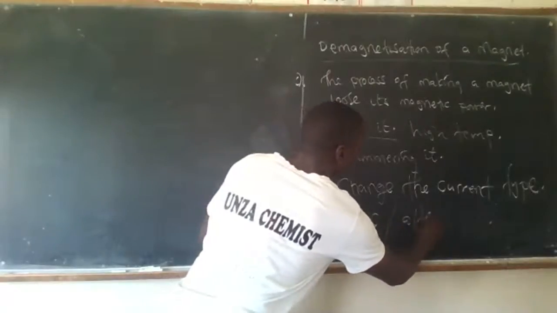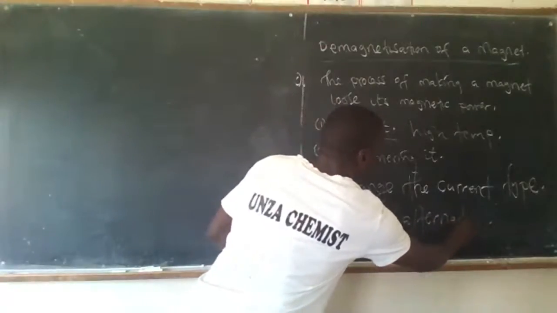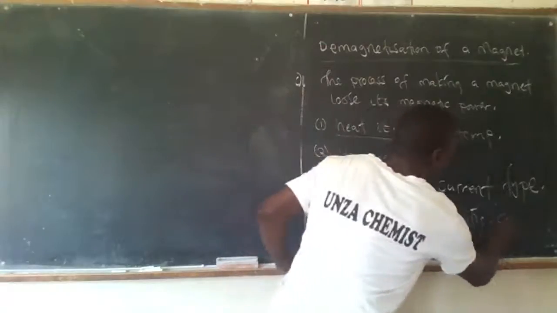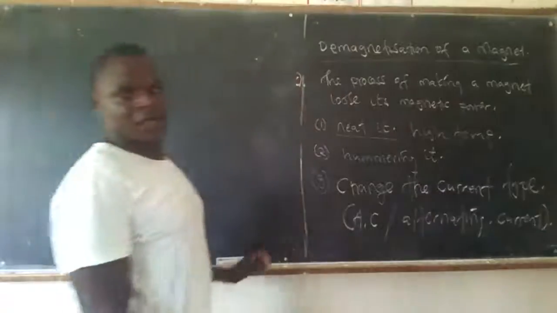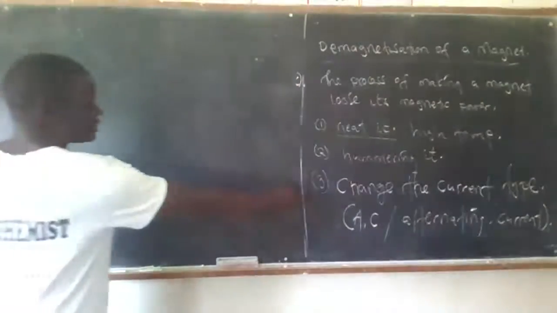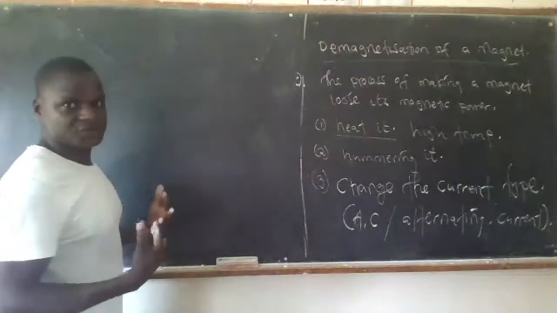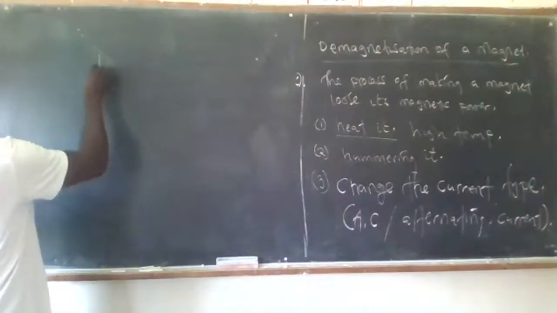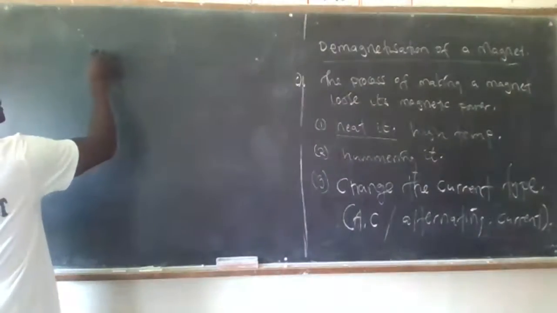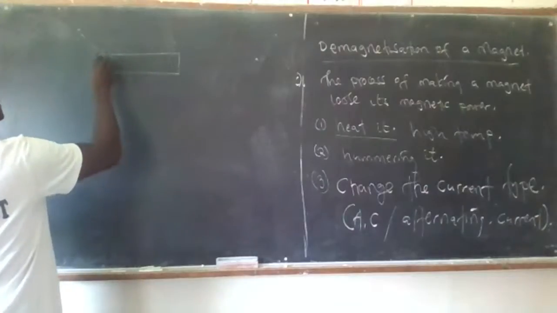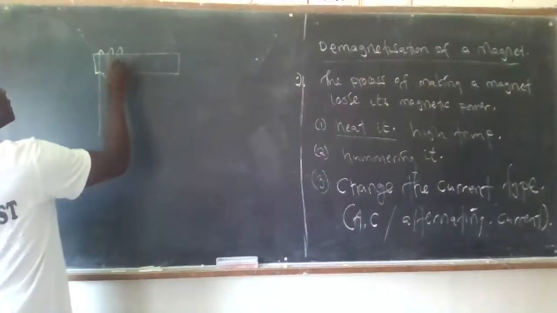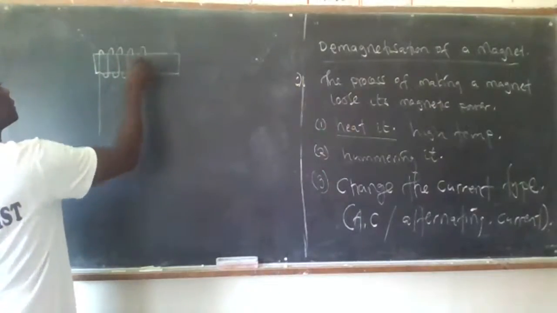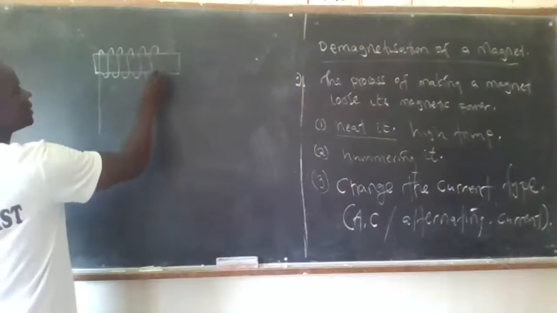AC stands for alternating current. Now, if you want to use the alternating current, what are you supposed to do? You need to have the same setup. You need to have the solenoid here.